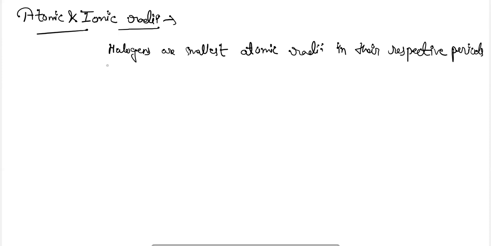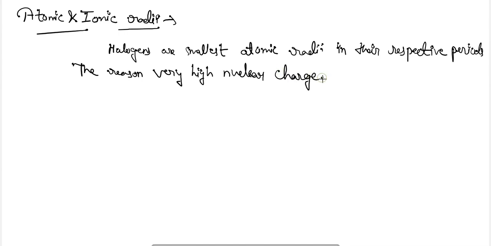The reason for having the smallest atomic radii is very high nuclear charge, due to which the atom shrinks, and the halogens have the smallest atomic radii.